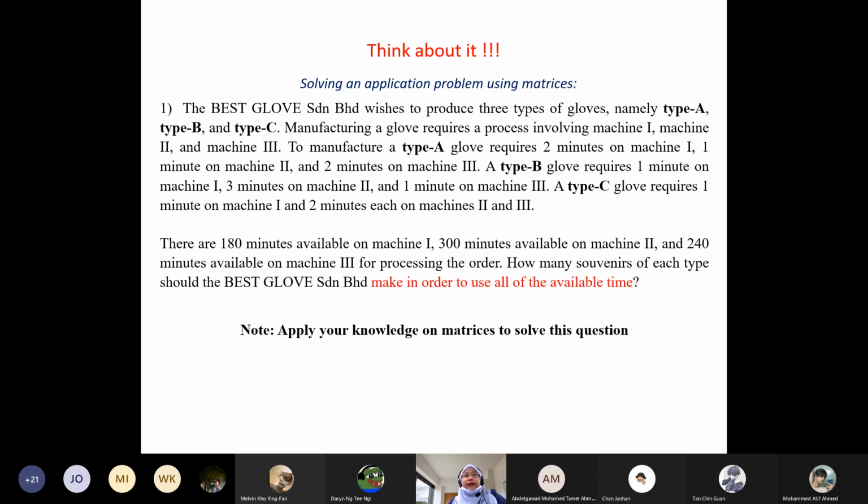Okay, so let's look at this question. Let's think about this one: how do we solve this kind of problem by using matrices? You may read first. I give you 1 minute to read.